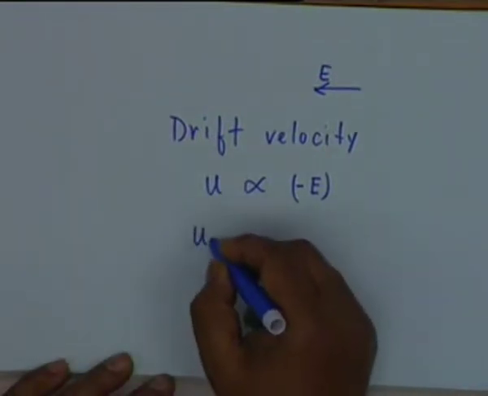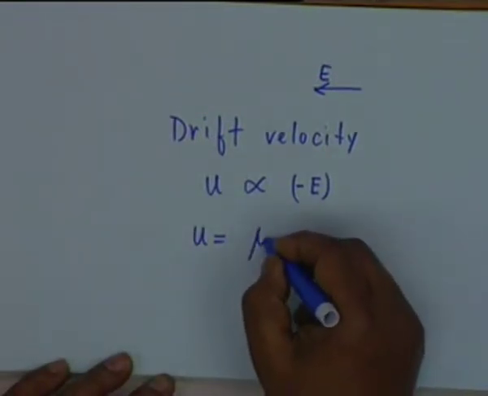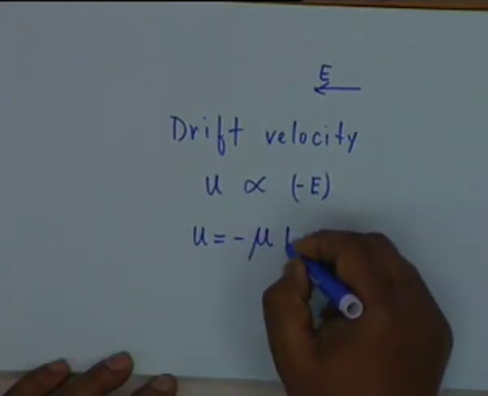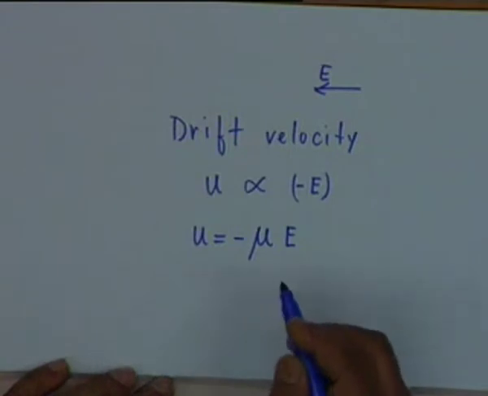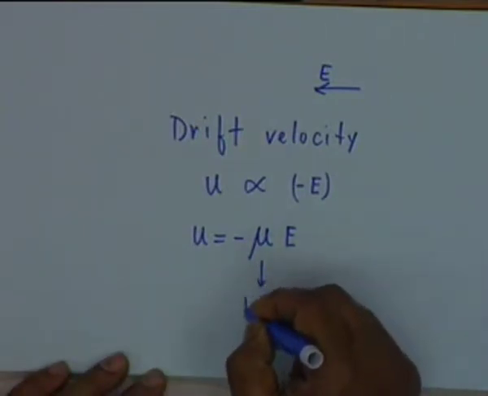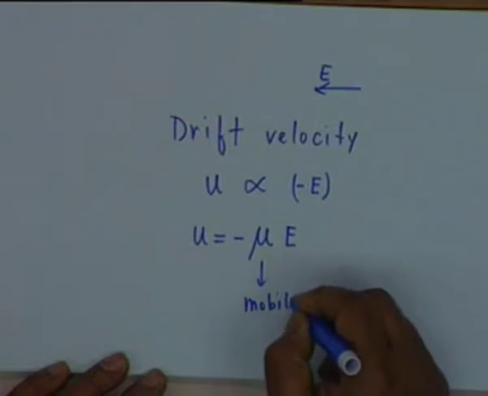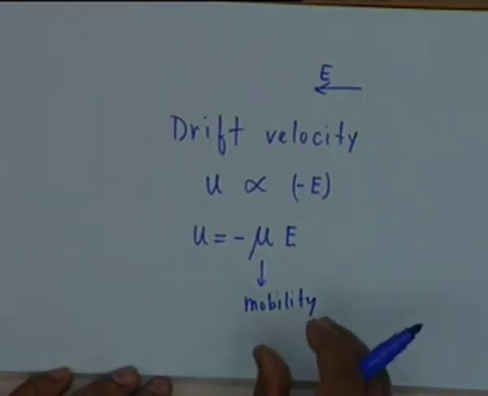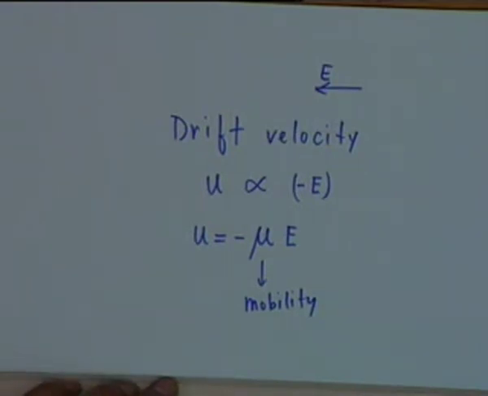The proportionality constant is denoted by the Greek letter mu, minus mu E, where mu is obviously the drift velocity per unit electric field. Mu is termed as the mobility of the electron. This term is extremely important for semiconductor physics.